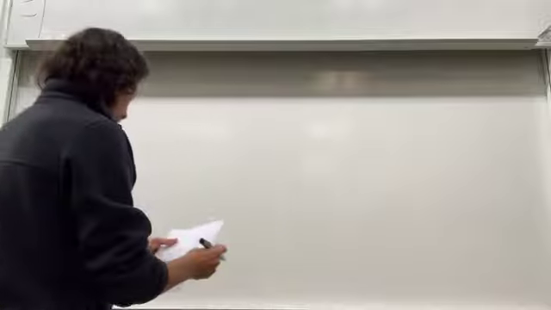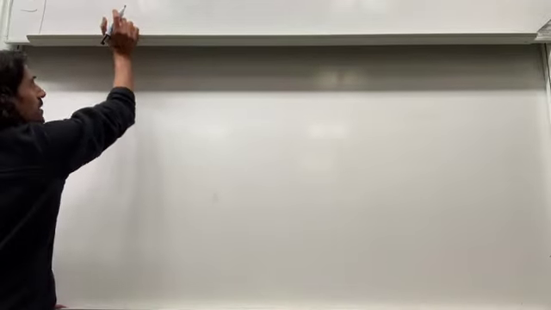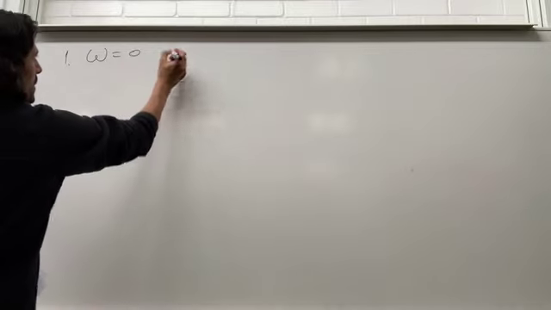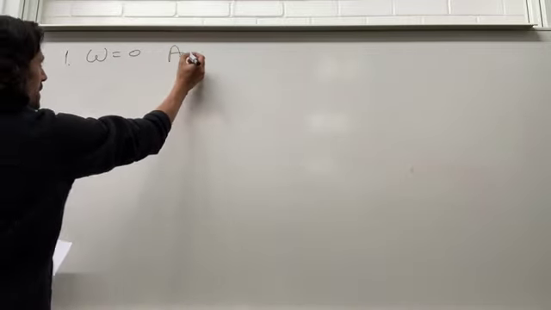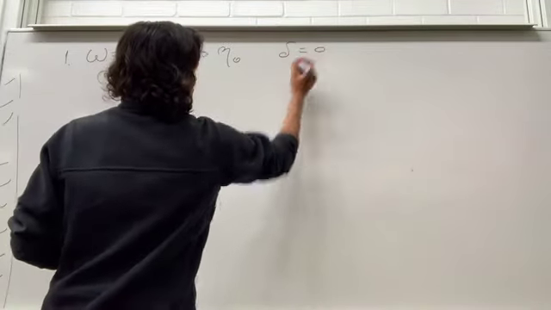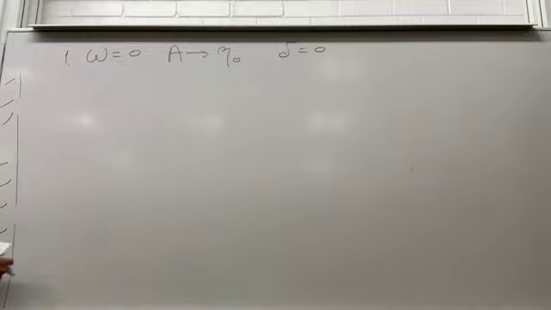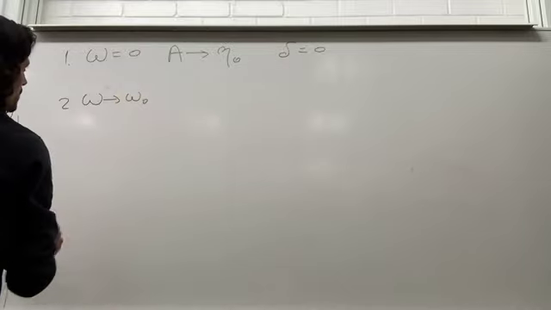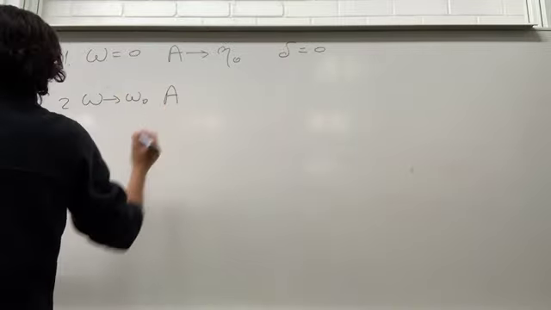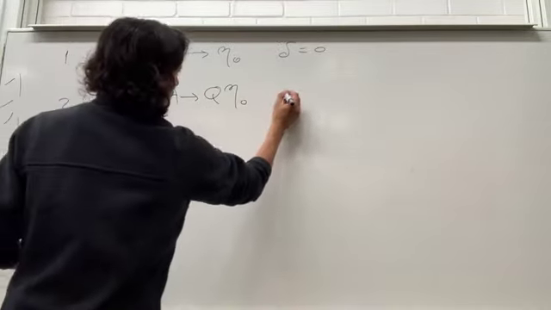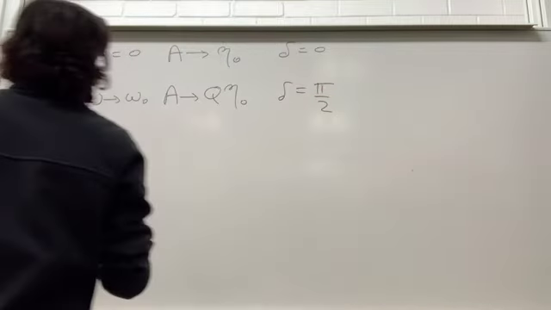All right, let's write it down here. So we have the 3 cases. The first one, when omega equals 0, then the amplitude would tend to eta 0, and delta would be 0. The second case is when omega tends to omega 0. In this case, the amplitude would tend to Q times eta 0, and delta would be, just as before, pi over 2.